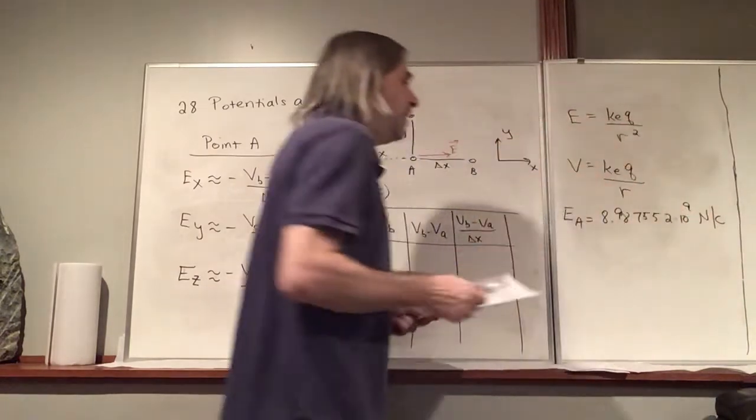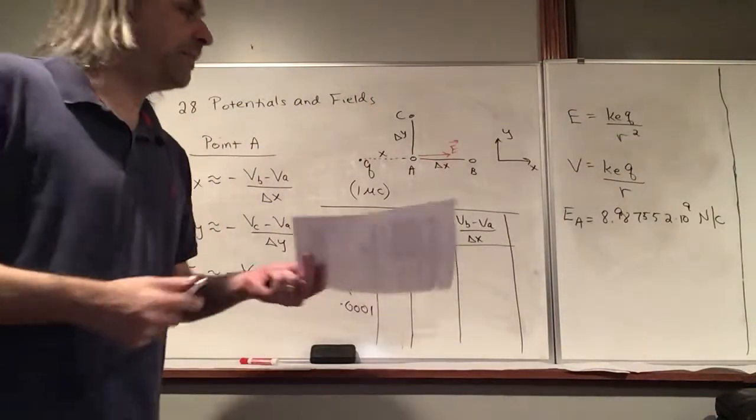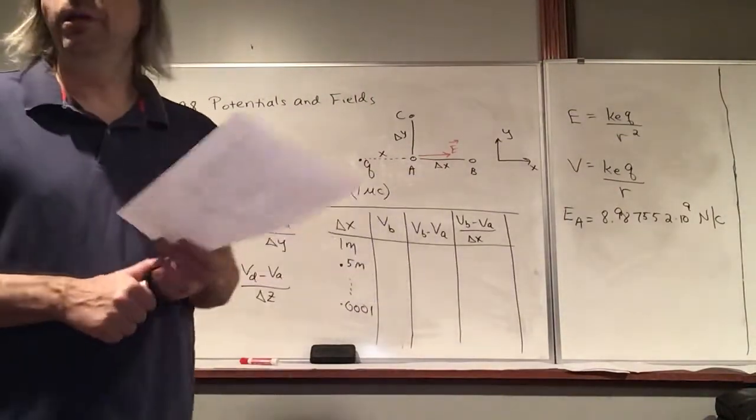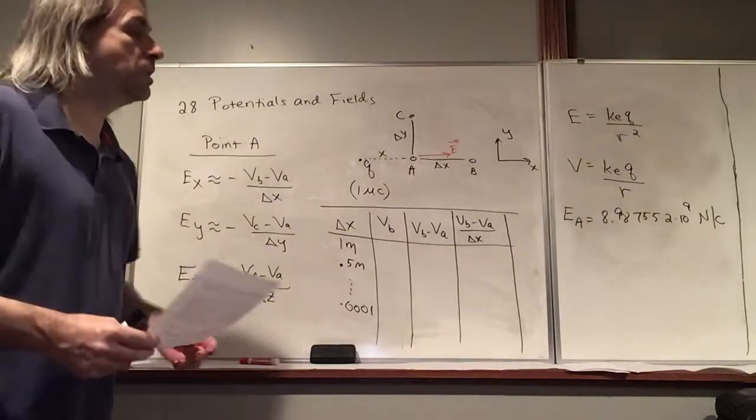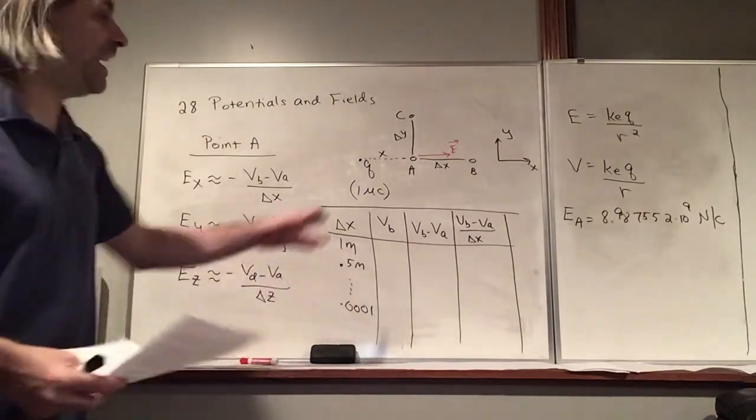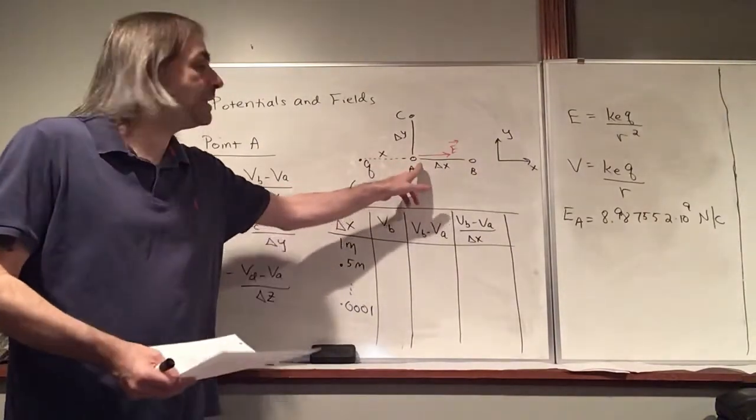Okay, so 8.987552 times 10 to the 9th newtons per coulomb. So that's the actual electric field at point A.